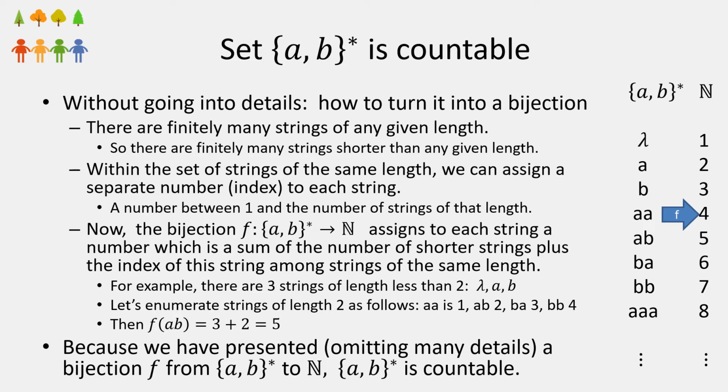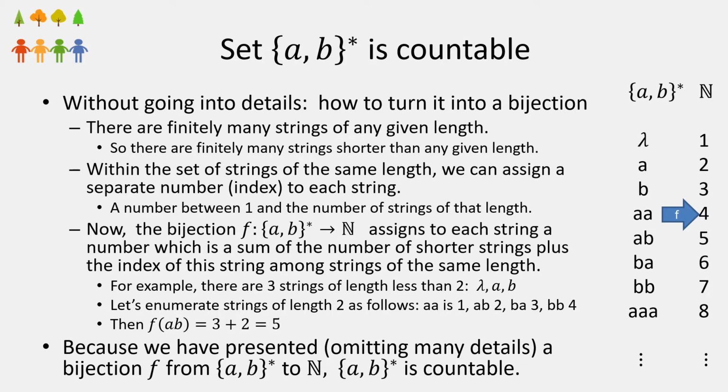The number that we are going to assign to each string will be composed of a sum of two numbers. First, we will say how many strings have length smaller than the one that we are trying to get a number for. So for example, if we are looking at a string AB, which has length 2, there are 3 strings that are shorter than string AB.